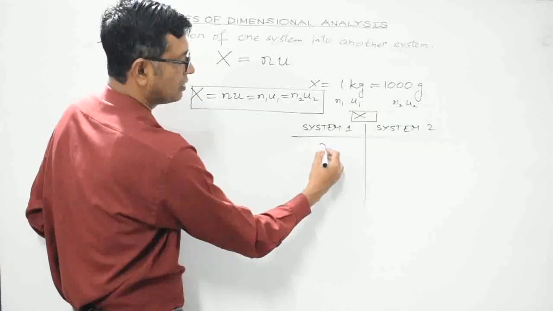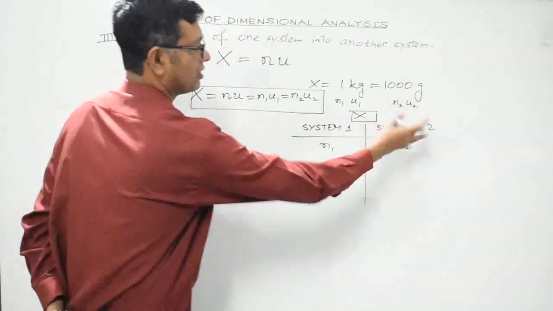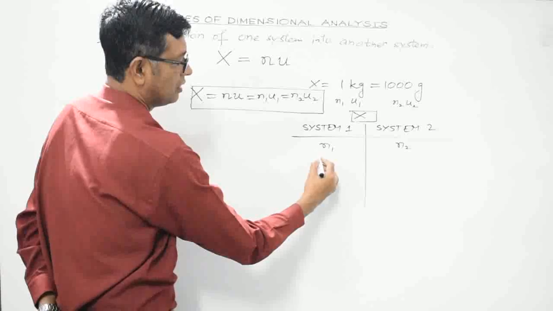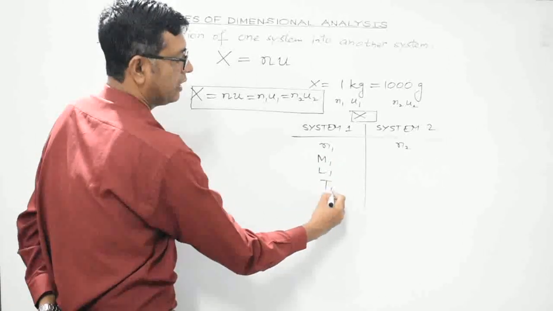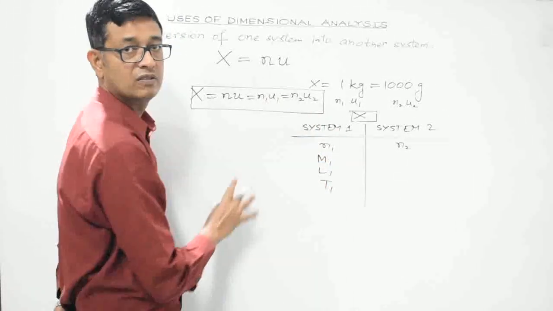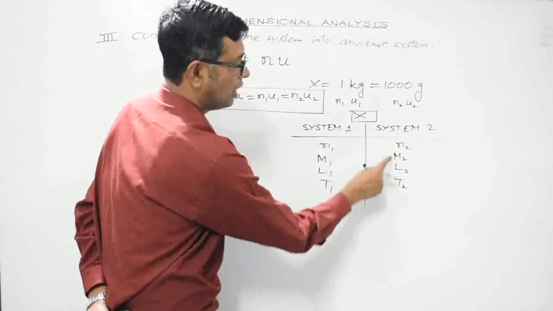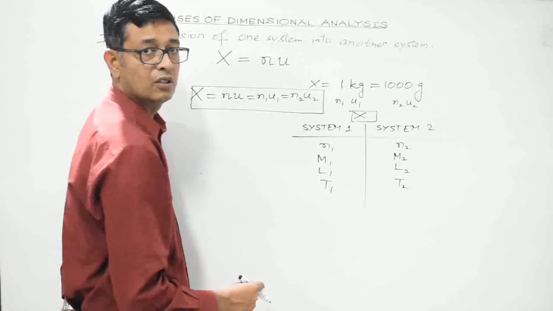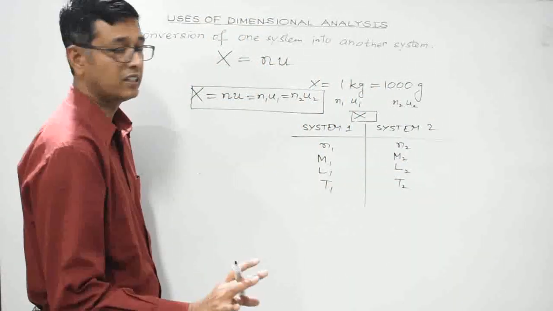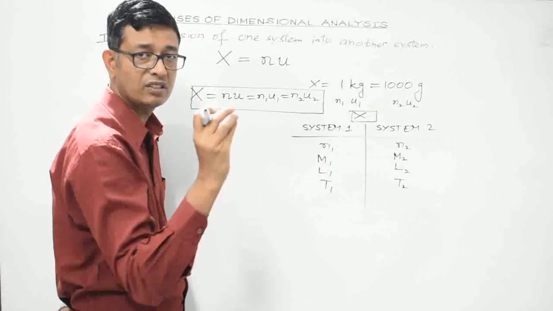Its numerical value in system 1 is N1 and in system 2 is N2. Suppose its units are M1, L1 and T1, the fundamental units of mass, length and time in system 1. And suppose M2, L2 and T2 are the fundamental units of mass, length and time in system 2. As I stated, for the same physical quantity, its dimensions in both systems must be same.